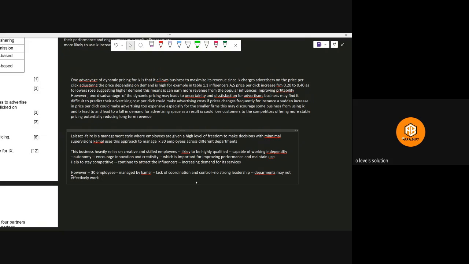That's why this may result in inefficiencies, since the workers are not working perfectly, and poor communication, missed business opportunities, especially as IX grows.